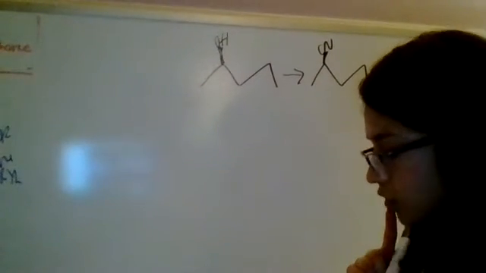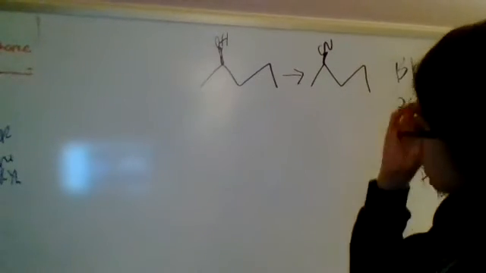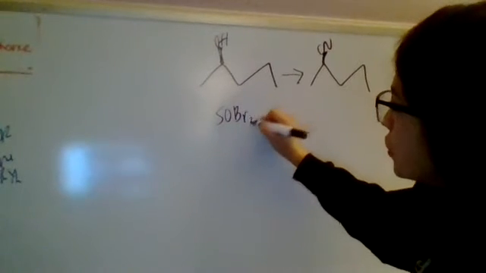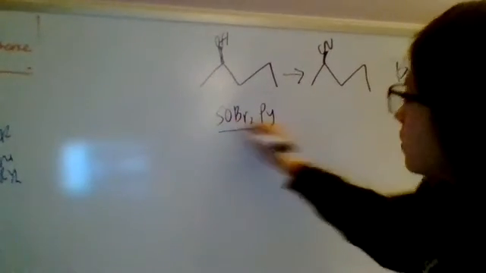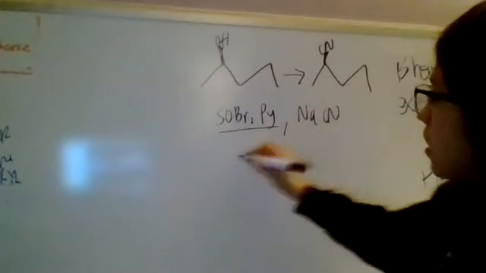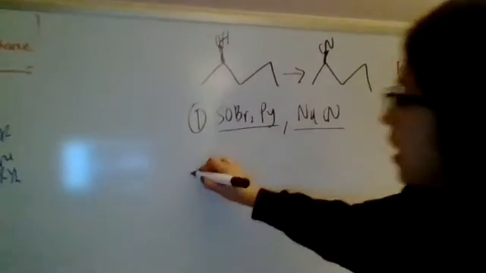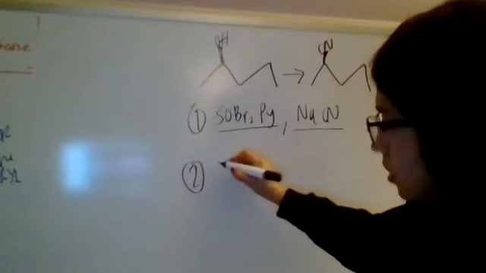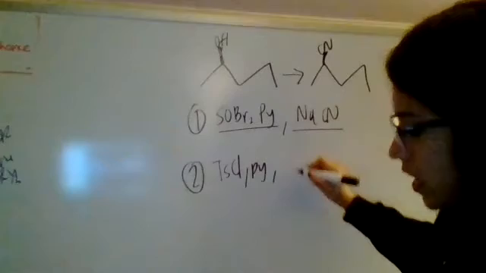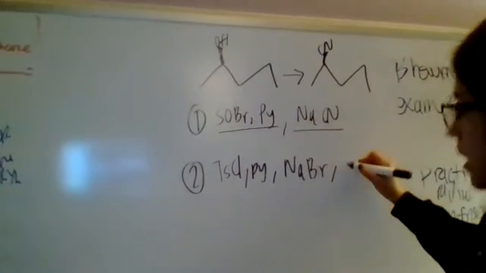The options that I chose were SOBr2 and pyridine, and NaCN. And this was one option. A second option was the tosylate and pyridine, and NaBr, and NaCN.